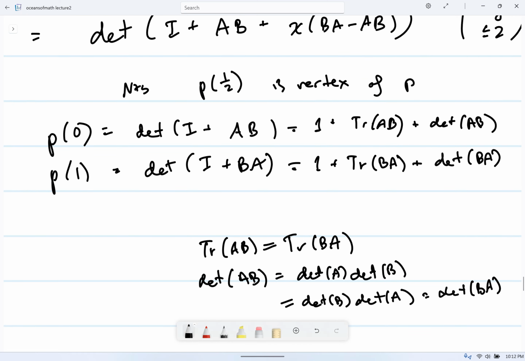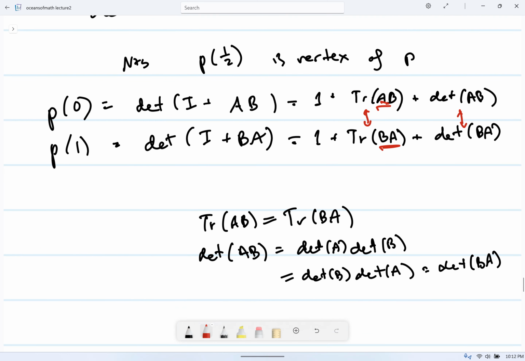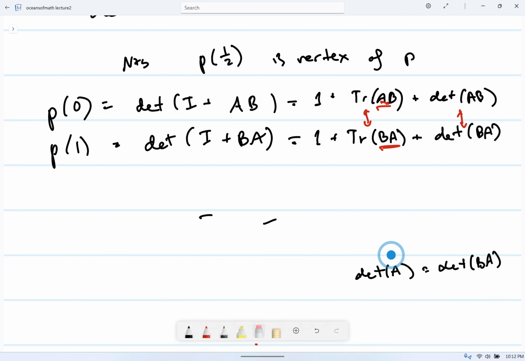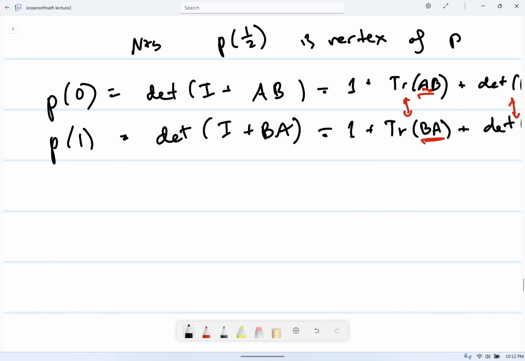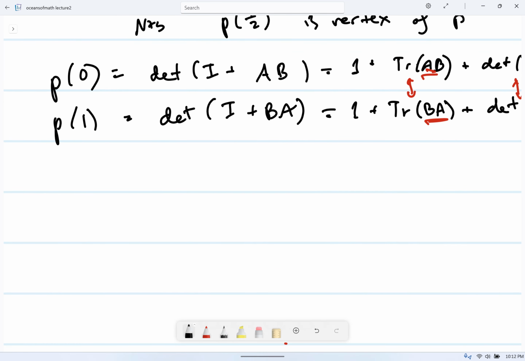And so we see that in fact these two terms must be equal, because the determinant will commute and then the trace will also commute inside of this expression. And so we recognize that in fact determinant of I plus AB and determinant of I plus BA are the same exact thing. And that tells us that P of 0 equals P of 1.